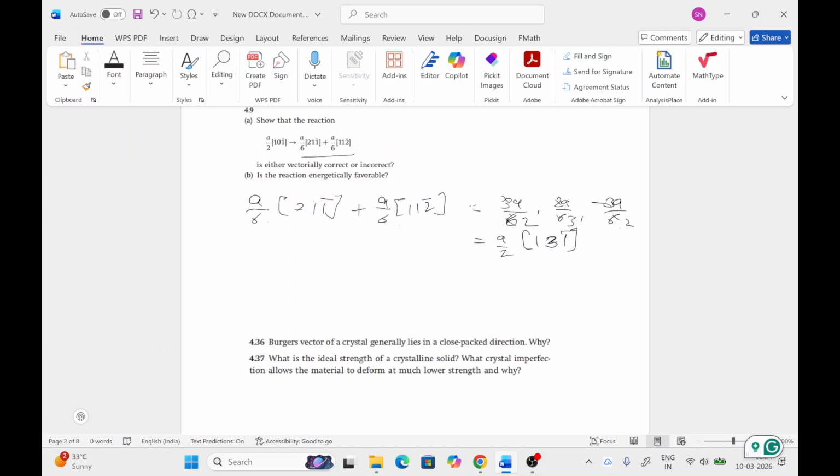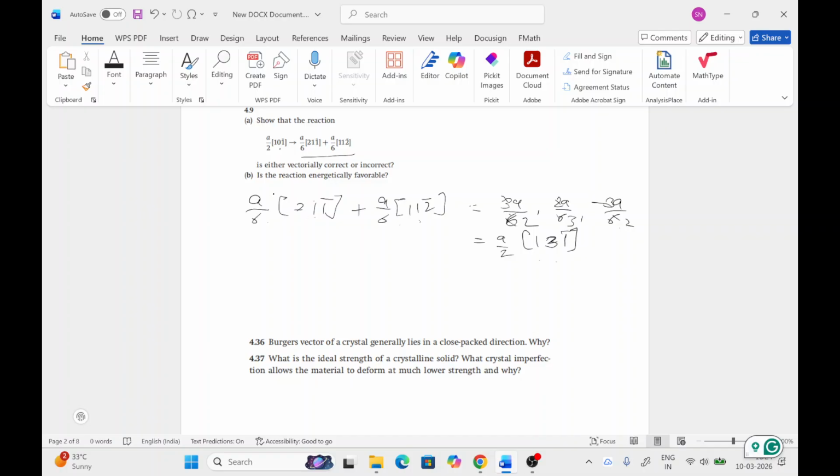So here we can see that the middle indices of both vectors are adding, but here we have a zero component. Either it should be minus 1, but as given by these Miller indices, we can see that it is not vectorially correct.